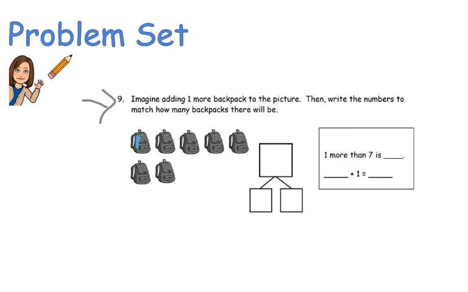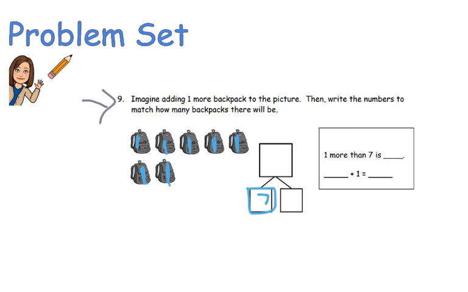We have 1, 2, 3, 4, 5, 6, 7. So we're starting off with 7 backpacks. So I'm actually going to come over to my number bond here and fill in the number 7 because that's the first part. That's how many we're starting off with.